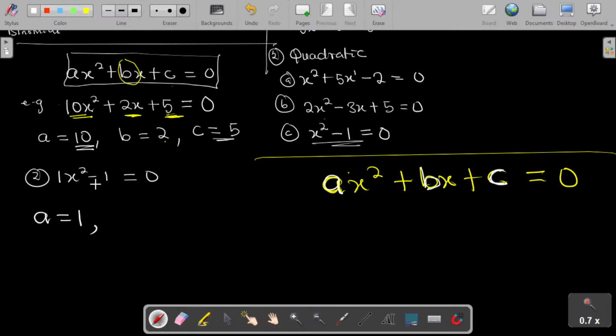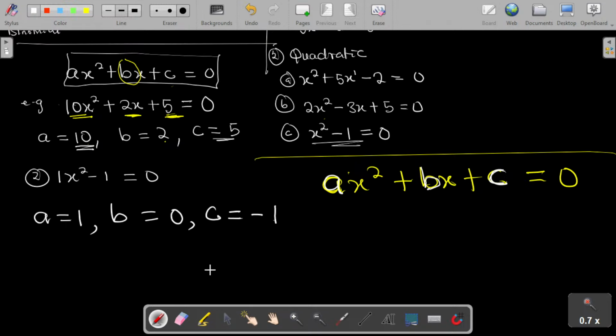And your b is not here at all, so your b is equal to 0. And your c is minus 1. Somi said that b is minus 1. No, it is your c that is minus 1.